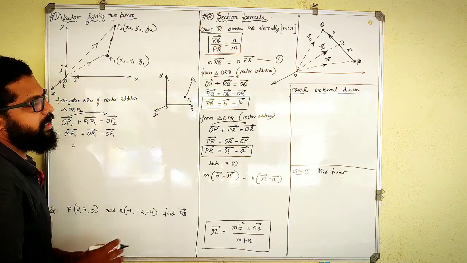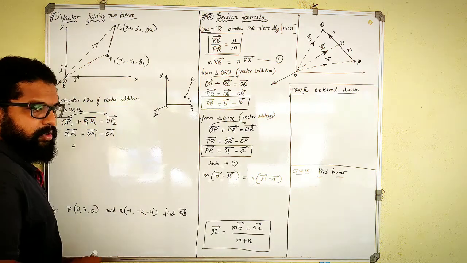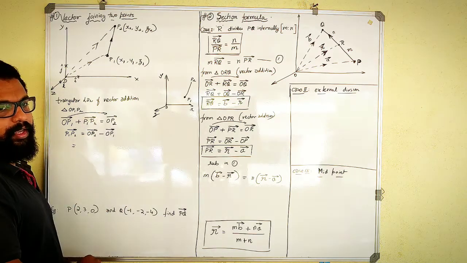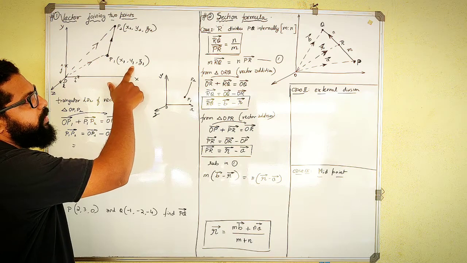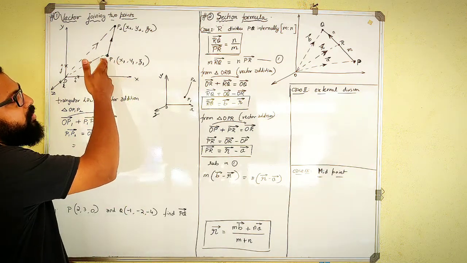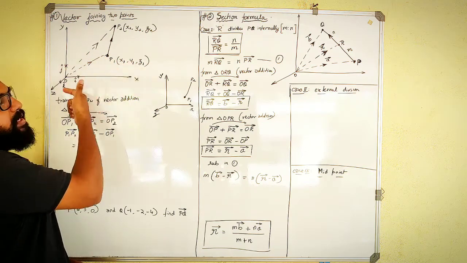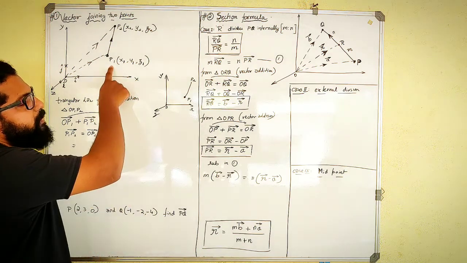Let me assume the coordinates of the first point are x1, y1, z1, which means it has a point on the x-axis as x1, y-axis as y1 and z-axis as z1. These are the 3-dimensional coordinates of point P1.